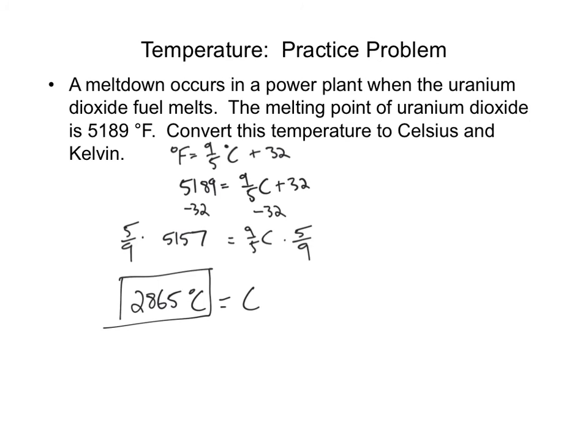Now to convert to Kelvin, we don't have an equation to go directly from Fahrenheit to Kelvin, and so I usually do this in 2 steps, but in this case, we already have the Celsius. If we weren't asked to calculate the Celsius, I would probably do that first, and then to get to Kelvin, we just need to take our temperature in Celsius and add 273.15.